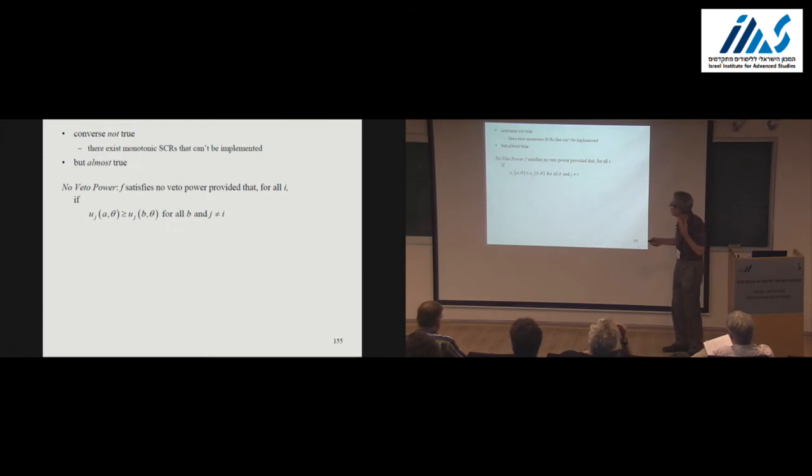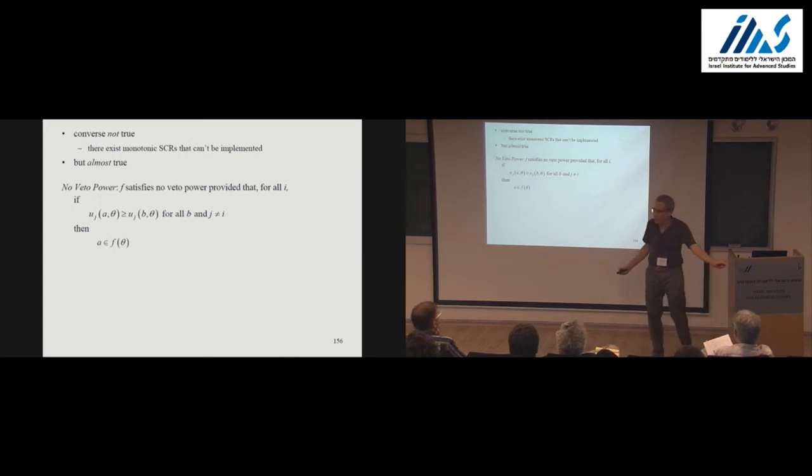It says that if everybody in society agrees that outcome A is the best, in other words, if everybody agrees that A is at least as good as any other outcome B, except possibly for one person, perhaps person I thinks otherwise, then I does not have the ability to veto A as an optimal outcome.